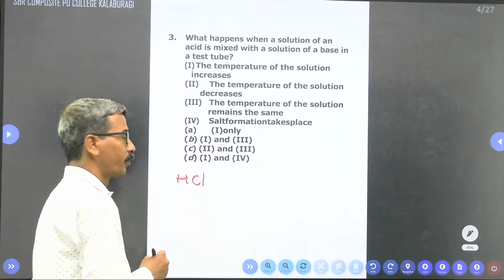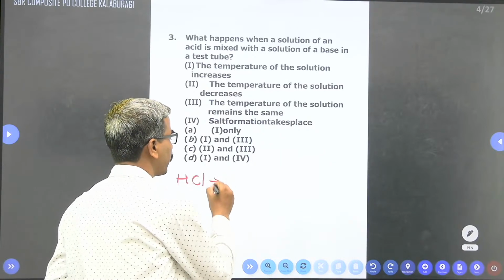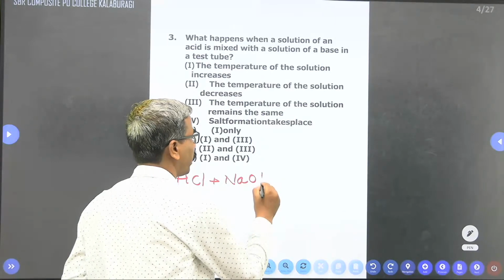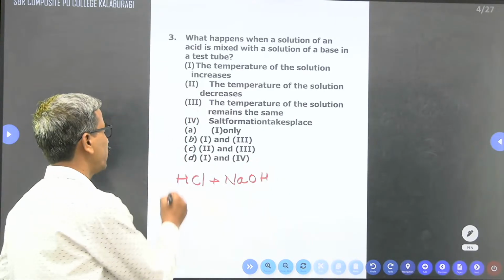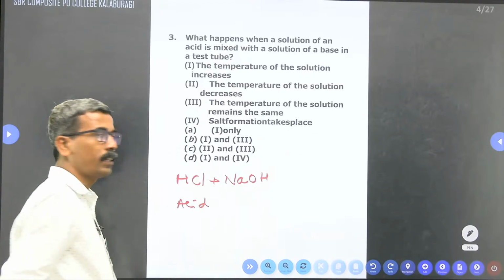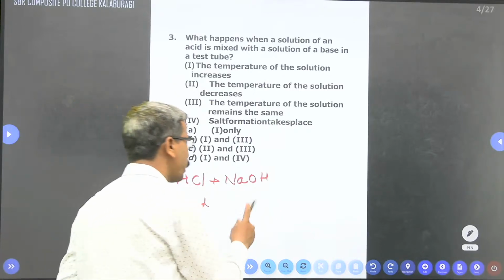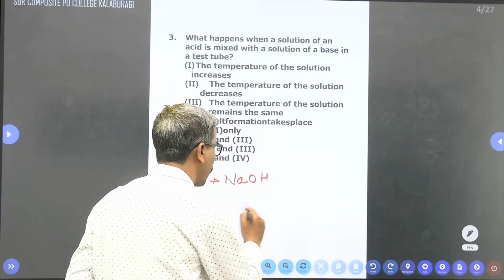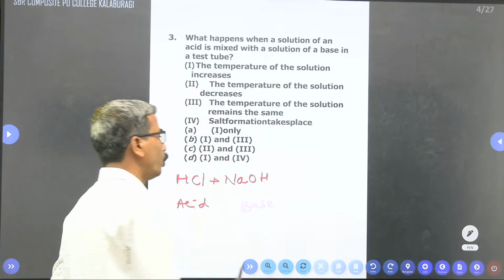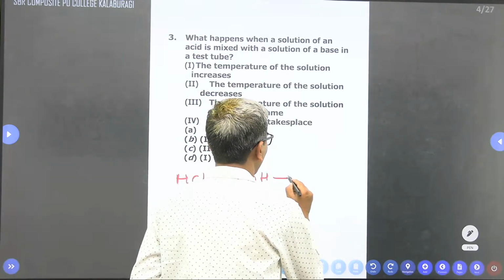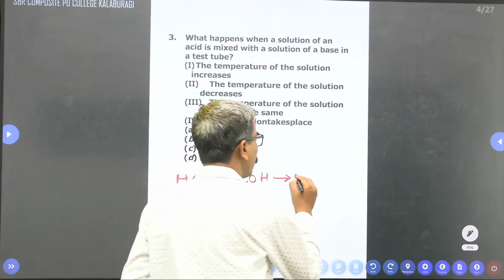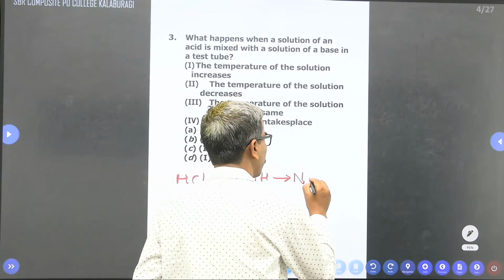Hydrochloric acid, when treated with sodium hydroxide. This compound is an acid, hydrochloric acid, and this compound is a base, sodium hydroxide. We know that when an acid reacts with a base, it forms a salt.